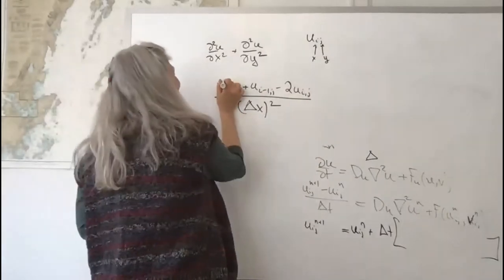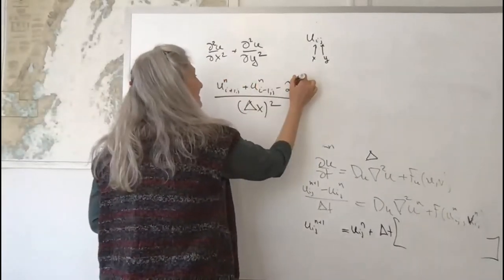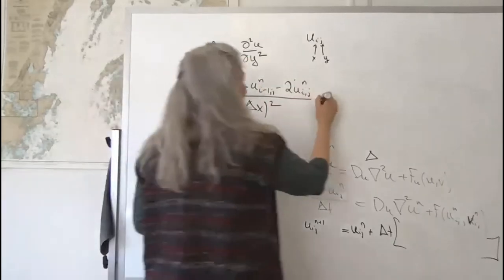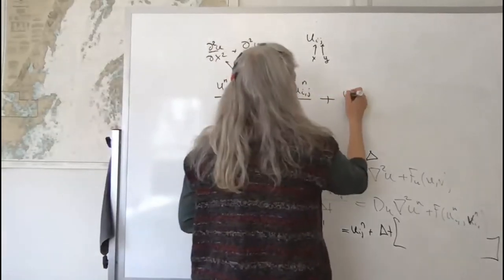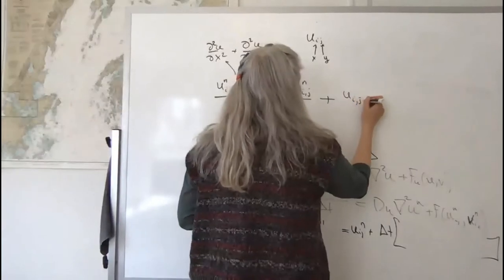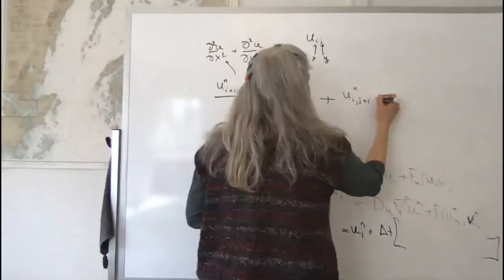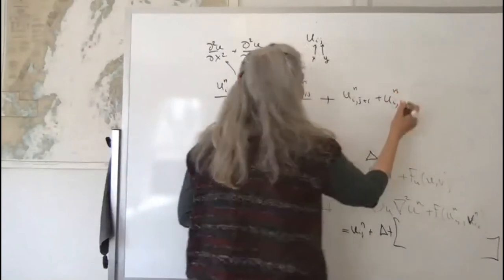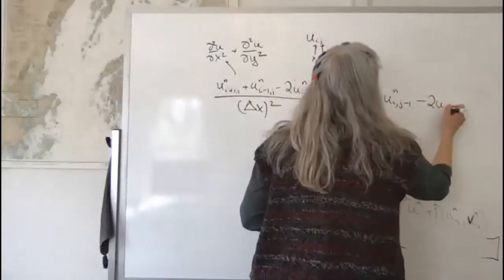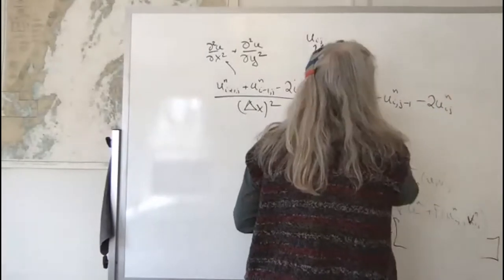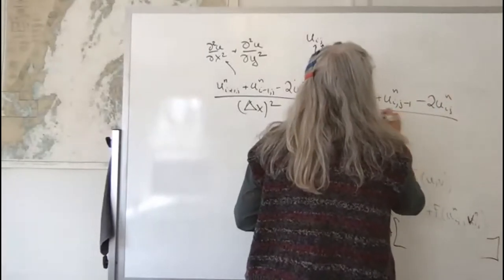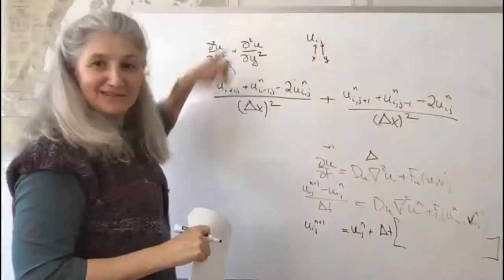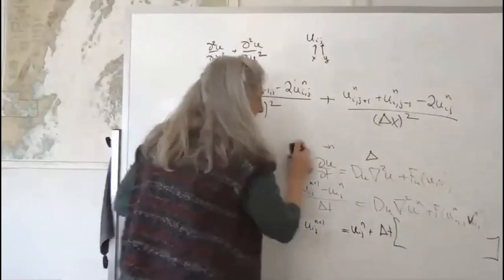And this is all at time step n. So this is an approximation for that. Now let's write down the approximation for the y part. It's u_{i,j+1} plus u_{i,j-1} minus 2u_ij at n, like that, over delta x squared. So all of this together is an approximation for the Laplacian.